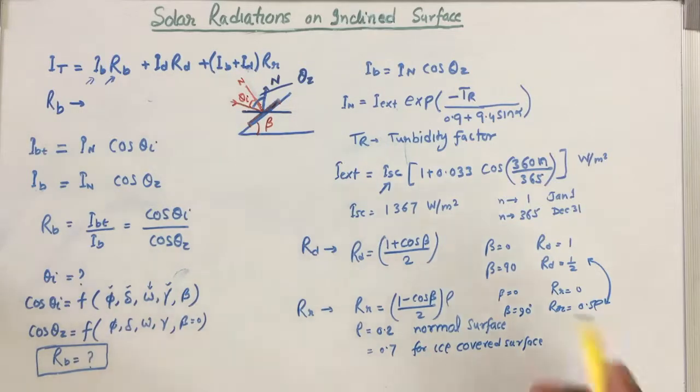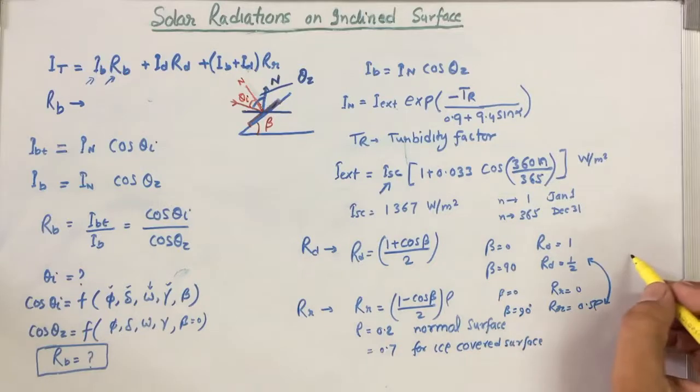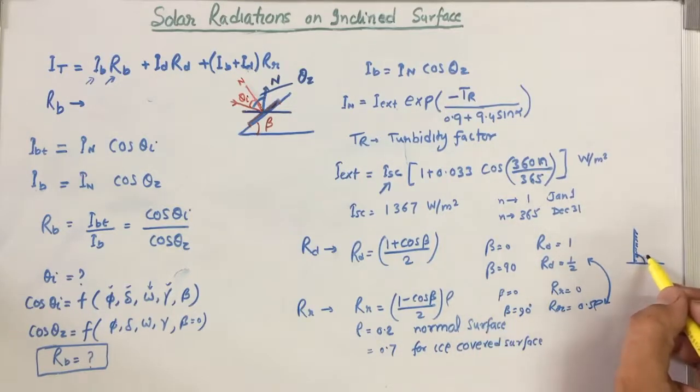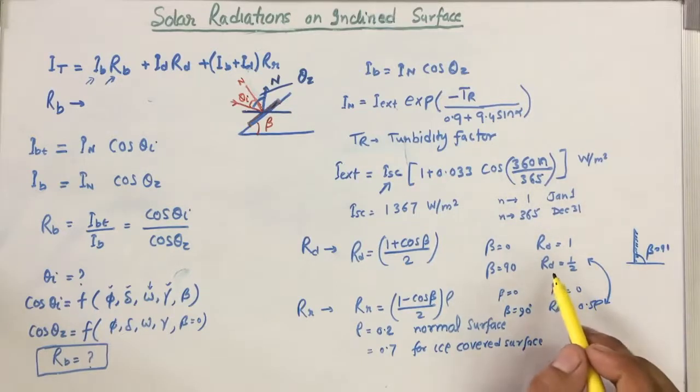If beta is 90, then the surface is vertical. This is our collector surface, and if it is vertically placed, that is beta equal to 90, then half of the diffused and half of the reflected radiations are received.